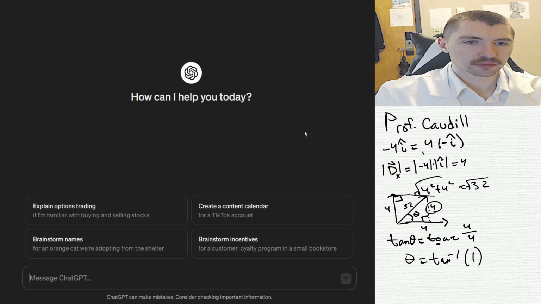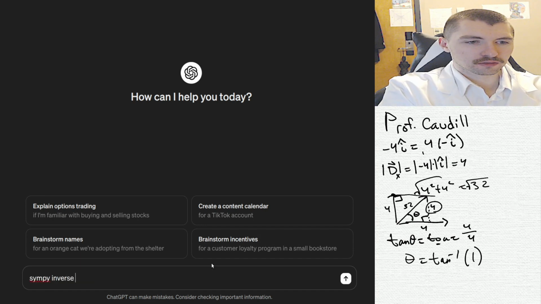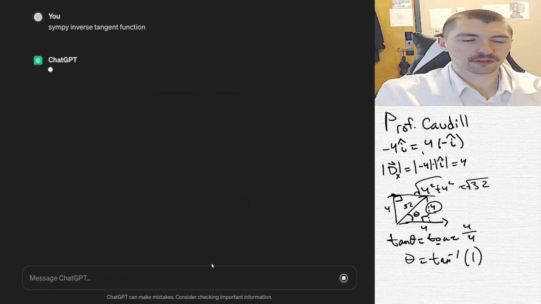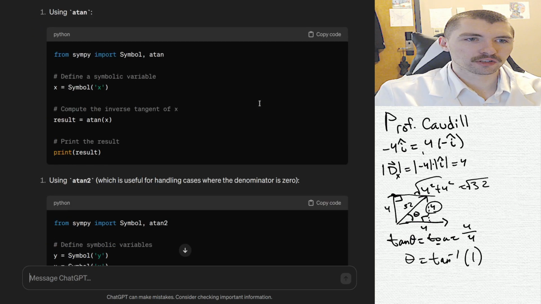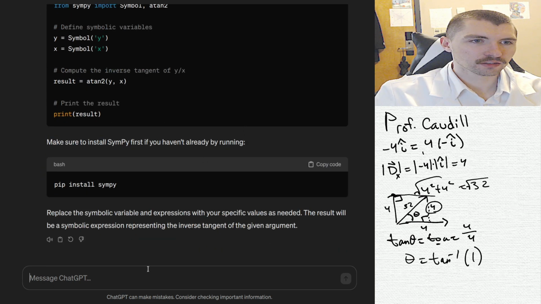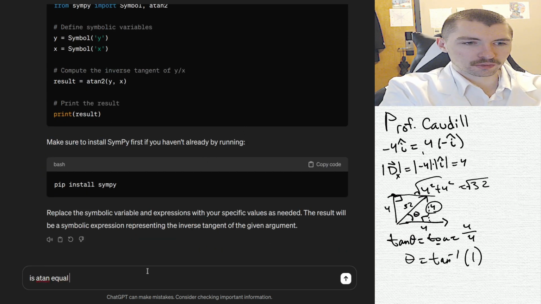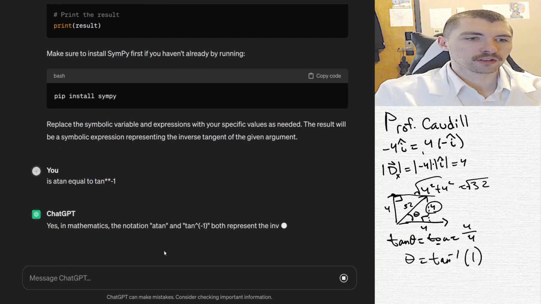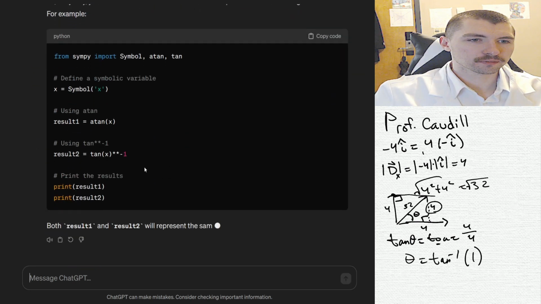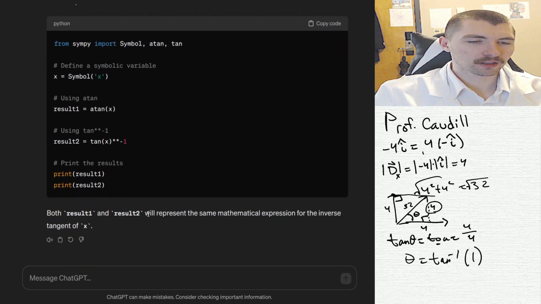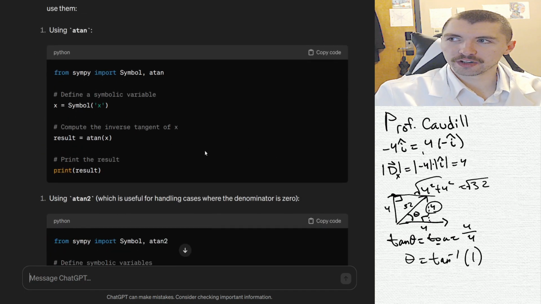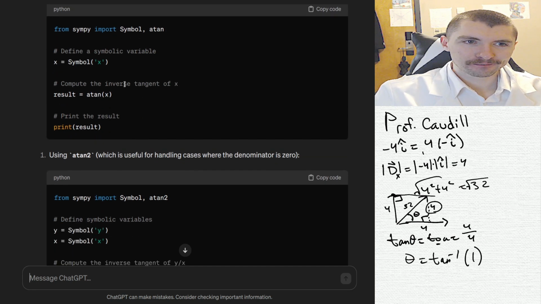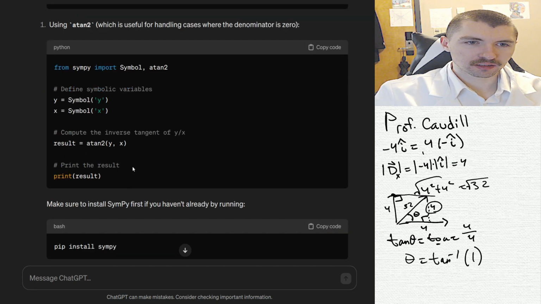Now, it's probably faster to use the inverse tangent, also called the arctan, atan. The result is the same. So if you want to use this in SymPy to actually calculate the value, this is a way to do it.